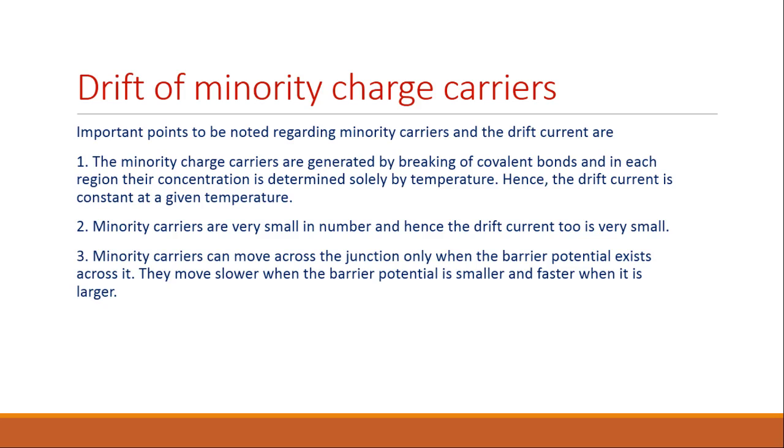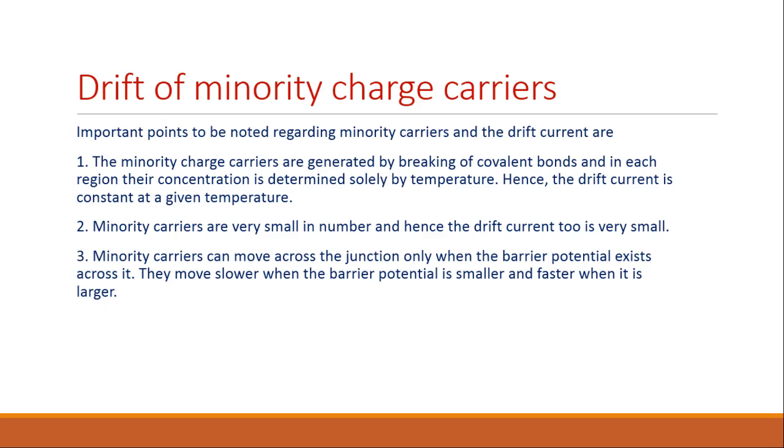The third point: minority carriers can move across the junction only when the barrier potential exists. They move slower when the barrier potential is smaller and faster when it is larger. That means, when the junction is formed, the diffusion of majority charge carriers takes place. Due to the diffusion, the barrier is formed and the internal potential is formed.